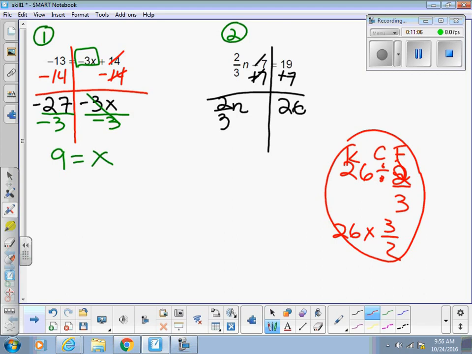Instead of saying we divide by 2/3, we just say we multiply by the reciprocal, which is 3/2. And here the 3's and the 2's cancel, leaving n. Now 26, we can do 26 times 3 and then divide it by 2. Or we can do 2 into 26, 13, times 3. So we get 39.